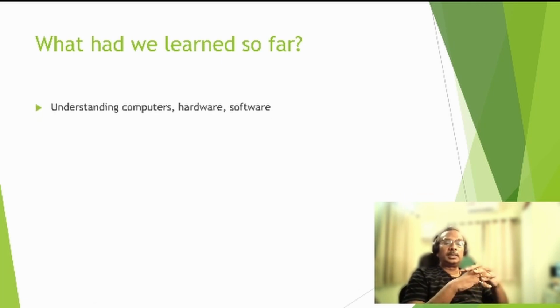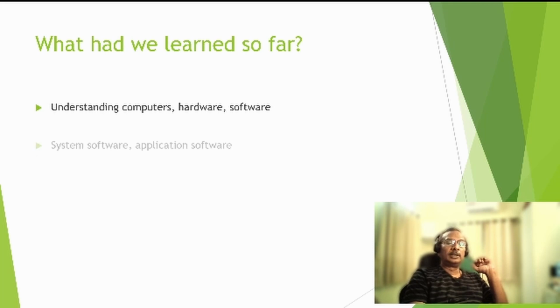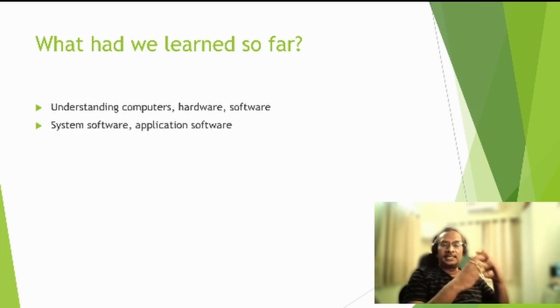To start with, we had an understanding of what is a computer, what is hardware, what are the hardware components present in a computer by default, and then what is software, how does it control the hardware, all that. Also, we classified software as system software and application software.